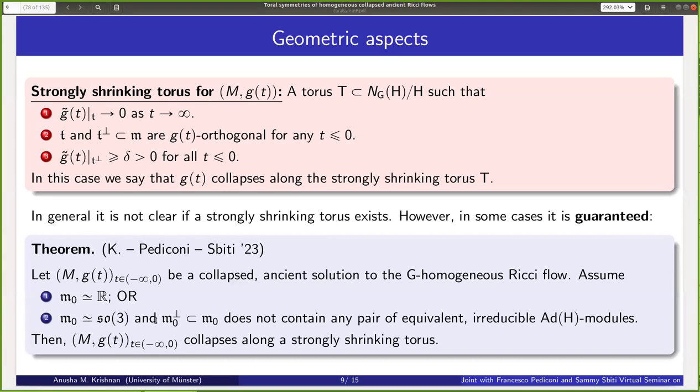And in the second case, we also need to assume that the complement of M naught inside M, sorry, this is another typo, this should read M, does not contain any pair of equivalent irreducible ad-H modules. Then the conclusion is that M collapses along a strongly shrinking torus.